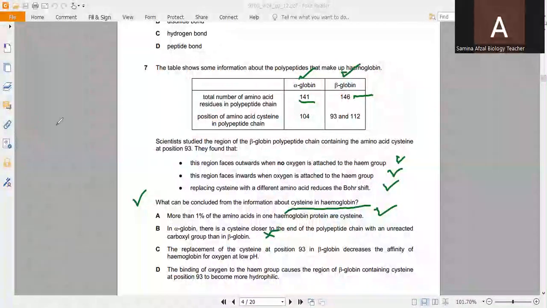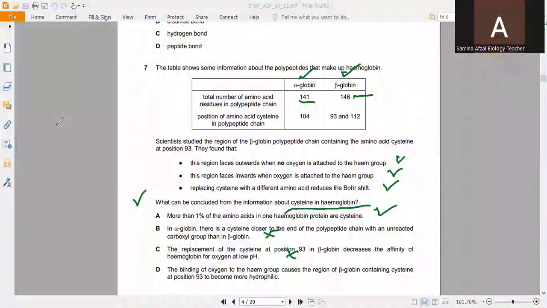If the Bohr shift is reduced, the difference in oxygen affinity between high and low pH is smaller. So this means that the hemoglobin with the cysteine replacement will have a higher oxygen affinity at low pH. So again, this is not the correct option.